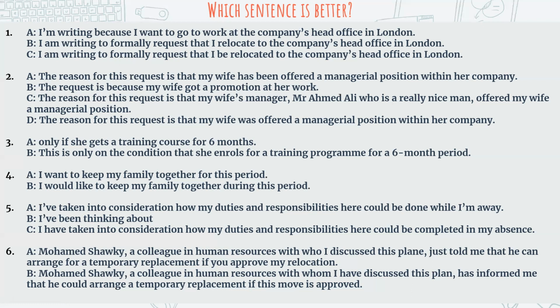If you approve my relocation, if you approve this, no, you are using the passive to sound more polite and formal. If this move is approved by the manager or maybe someone else in the management and their managerial staff, I'm not sure, but if this move is approved by management.